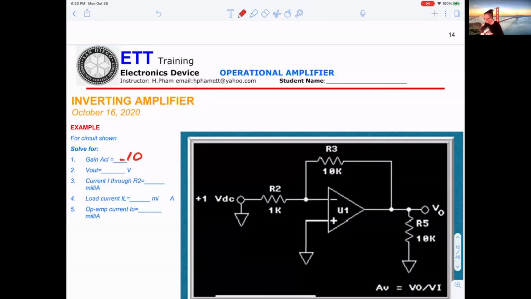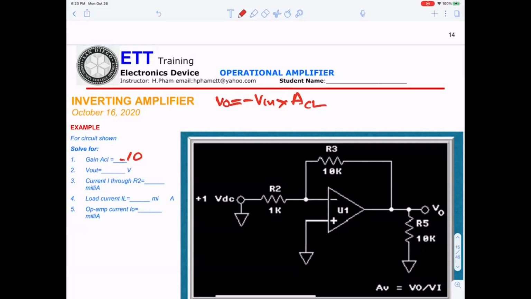V out. So you need to know the current. V out will be equal to V in times gain. V in is 1 volt, and then that means V out equals 1 times minus 10, minus 10.